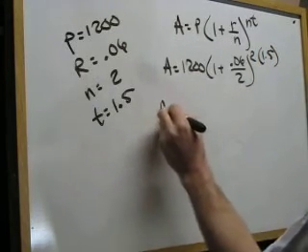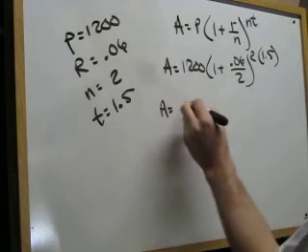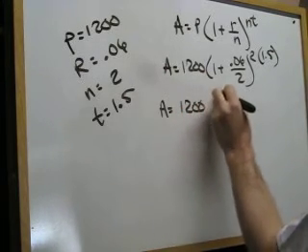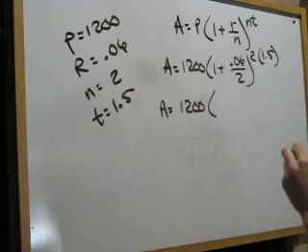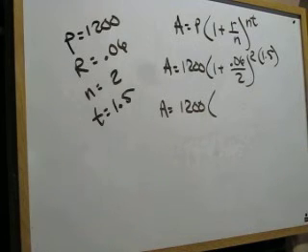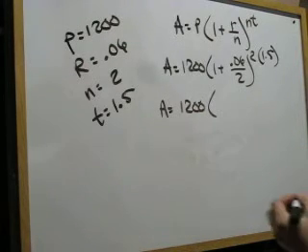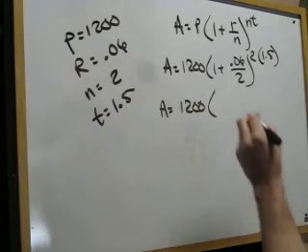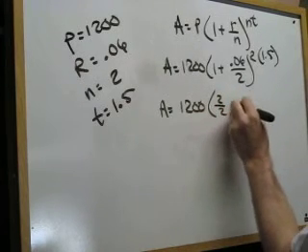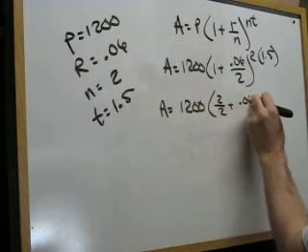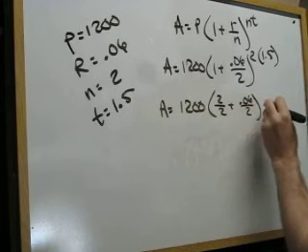Alright, so let's go ahead and keep going here. I don't have a calculator, but we'll do as much as I can. 1 plus 0.06 over 2, we could write that as 2 over 2 plus 0.06 over 2.